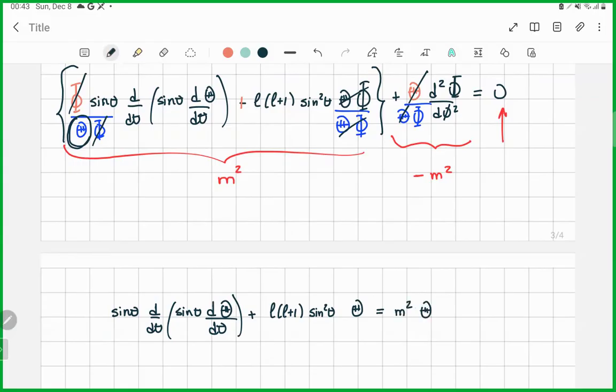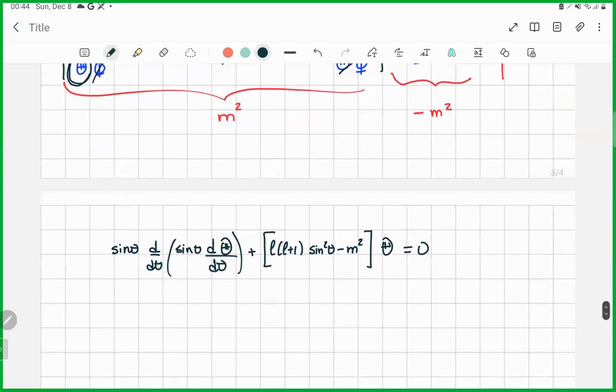Okay, now what I'm going to do is I'm going to bring this m squared to the left side, and we have this equation here. So this is our equation involving only theta.